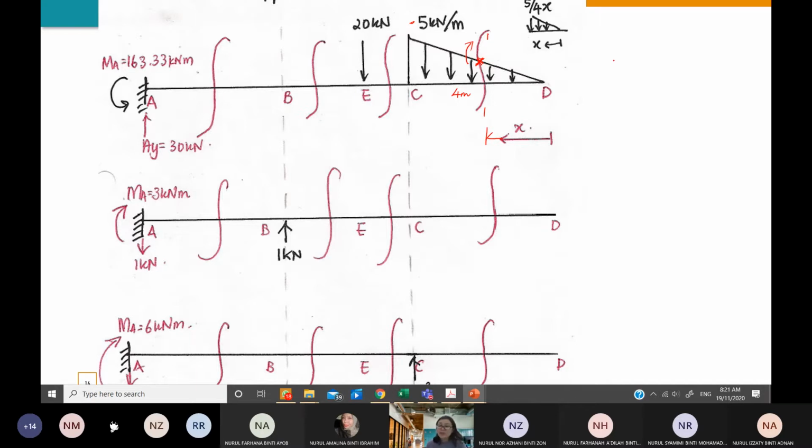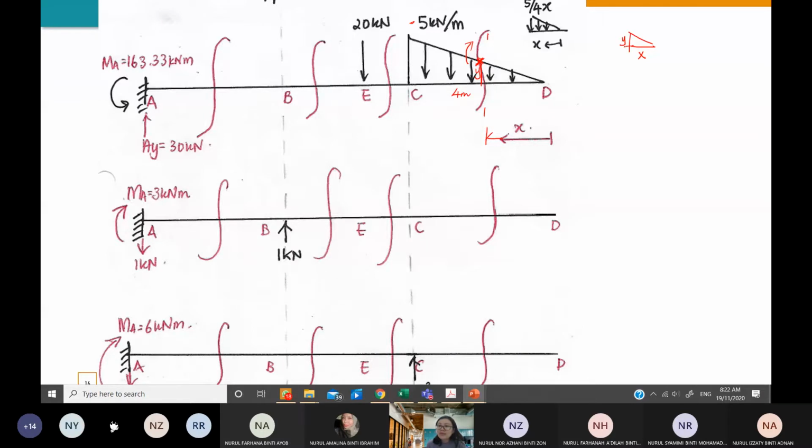Then you can use the geometry or ratio of these 2 triangles. You can simply state that the height that you want to find is y. There are two triangles. The small triangle has a width of x and a height of y.